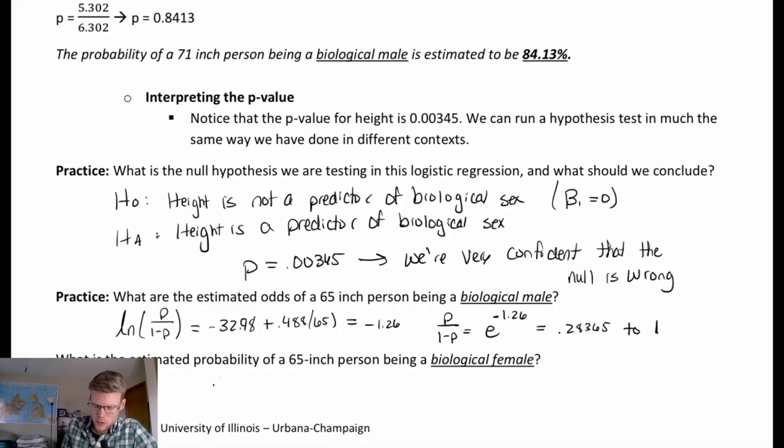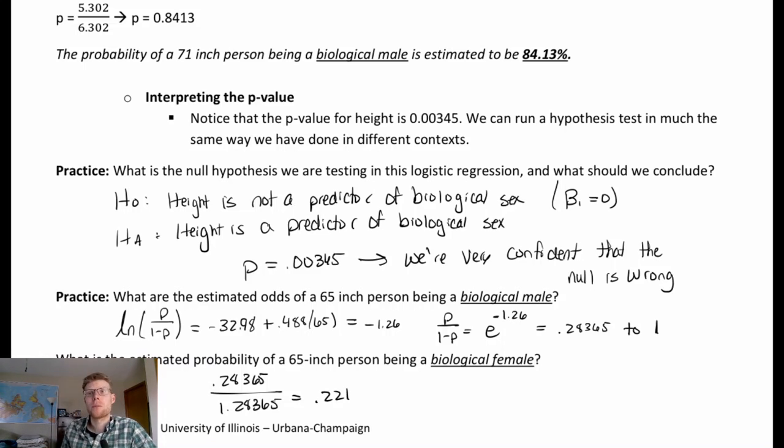So I'm going to do 0.28365 divided by 1.28365 and solve this value. And I get about 0.22, we'll just say about 0.221 is what that rounds to.